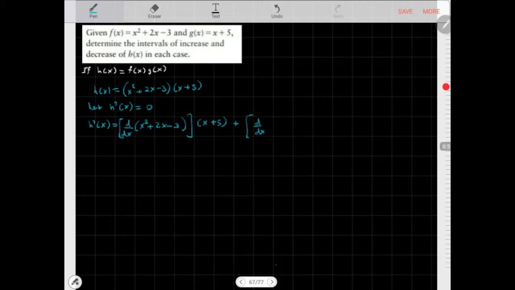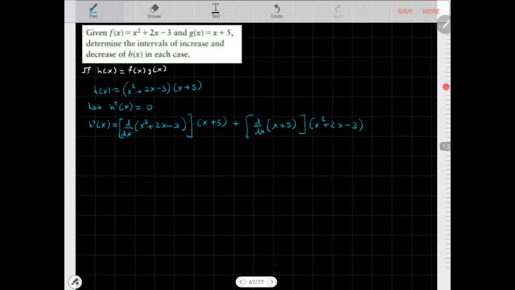I think I mixed it up when I was talking earlier, but derivative of x plus 5 times x squared plus 2x minus 3. Okay, so first do derivative left times the right factor plus the derivative of the right times the left factor. Now you can reverse the order if you want, because multiplication is commutative.